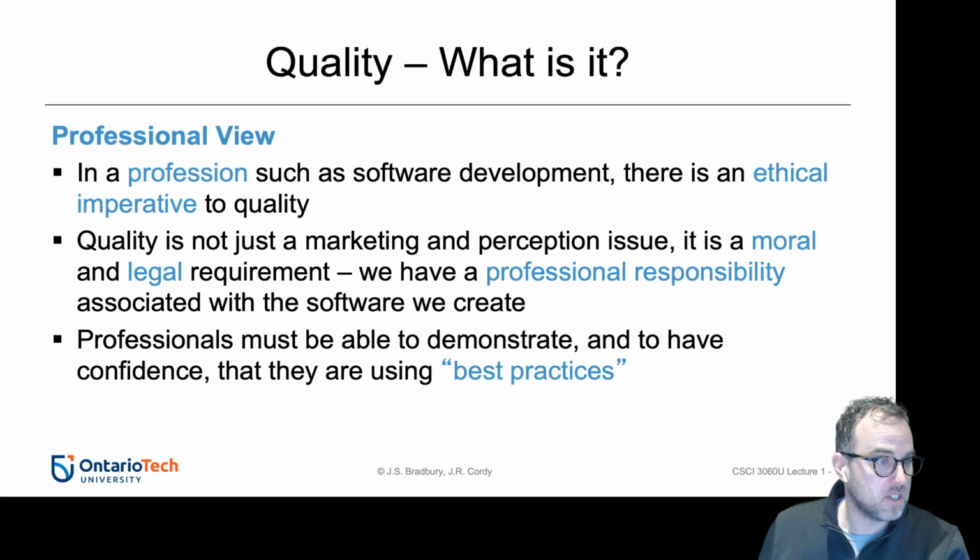Even though Wordle's probably used by way more people, or played by way more people. Or maybe not more people than ride on planes. I don't know. Okay, there's a good example. So the whole point, though, is that there is a professional responsibility, and this is something you need to think about and care about as a computer scientist.